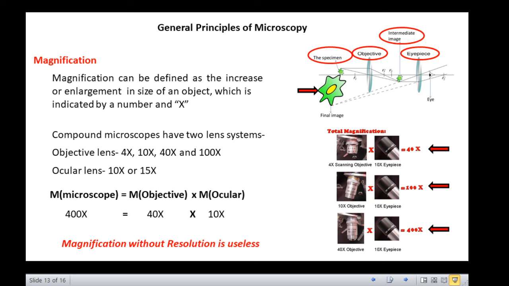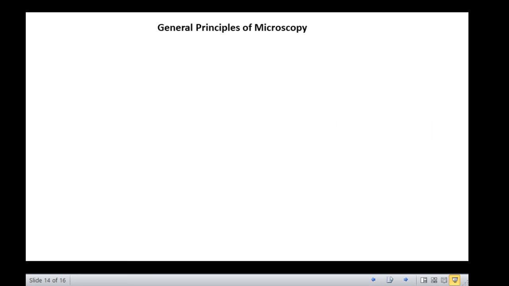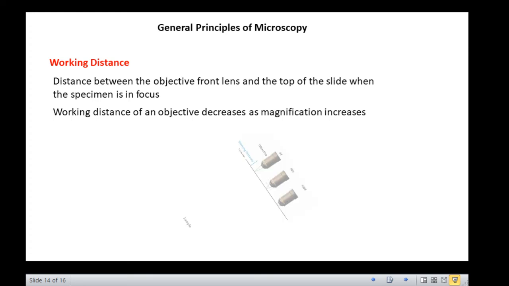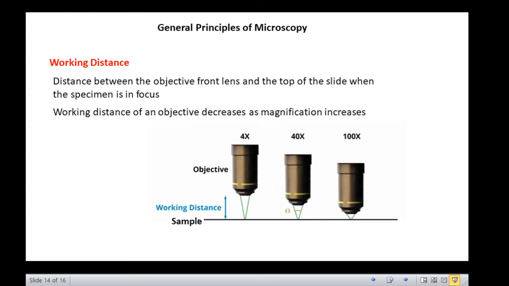The next terminology is working distance. This is the distance between the objective front lens and the top of the glass slide when the specimen is in focus. In most instances, the working distance of an objective decreases as magnification increases.